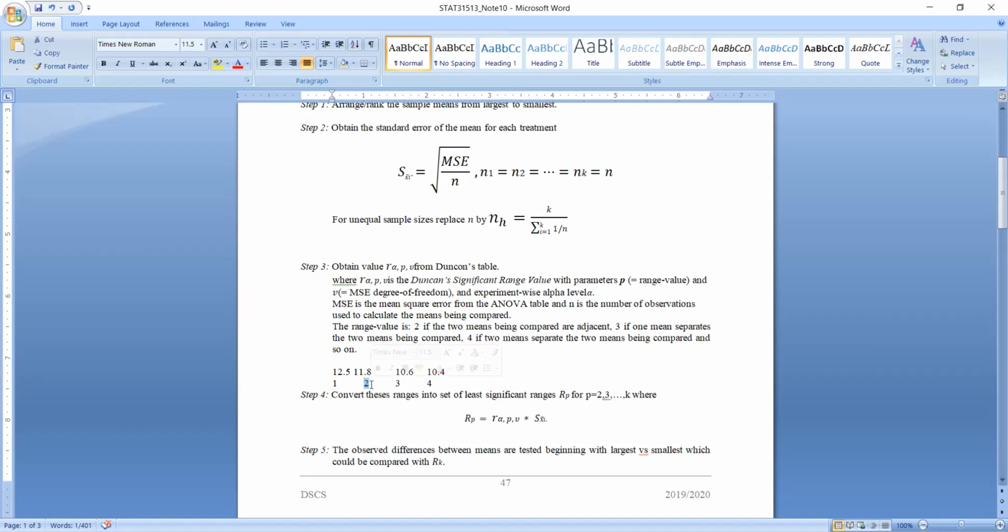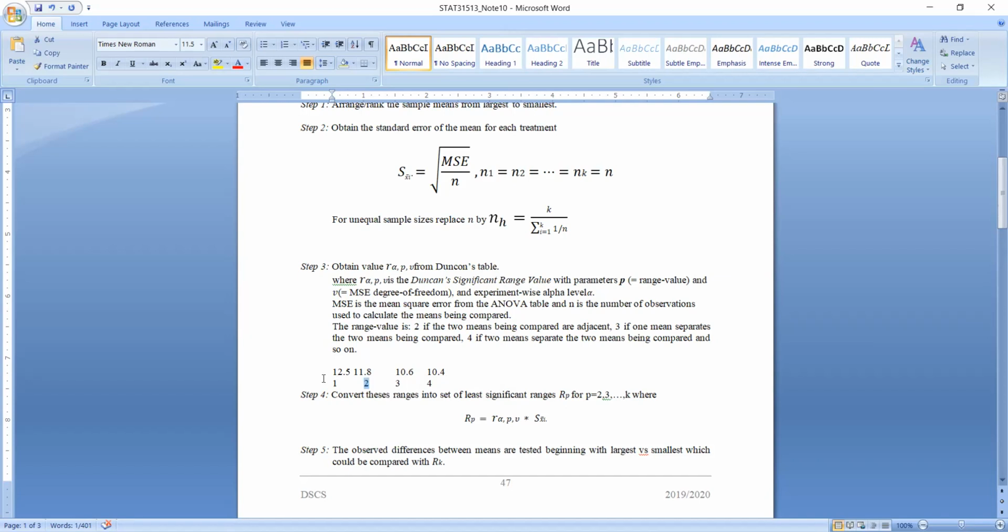So the largest rank is 2, and you can go for 2. So when you arrange all the means in descending order and compare two means, you can consider P as the largest rank value.